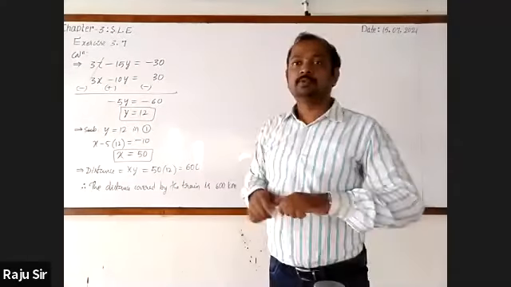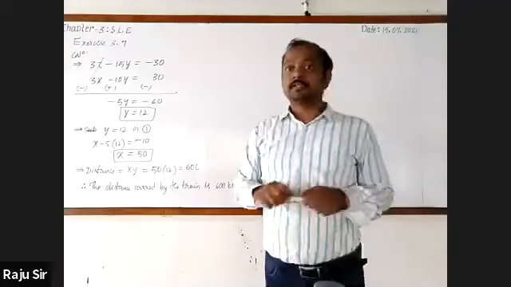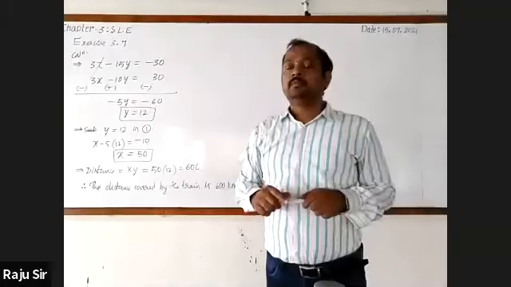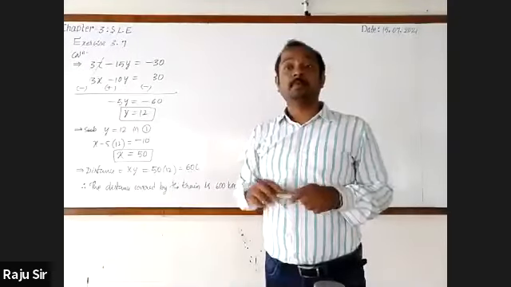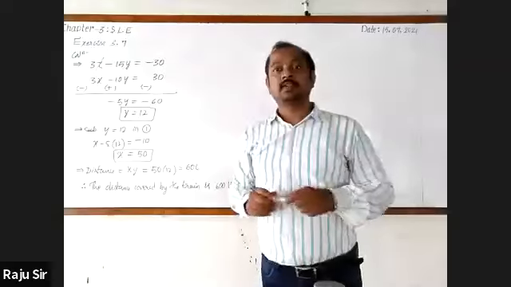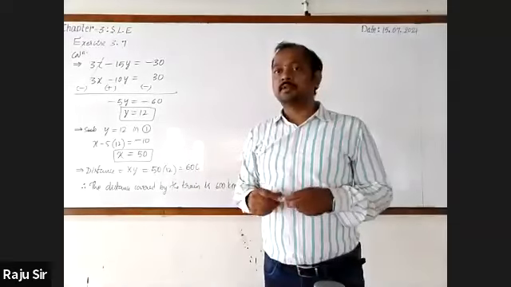I told you the previous problem is very important. The reason is there we found out the distance traveled by the train, but we did not assume the distance as x kilometer like that. Instead, what was our assumption?